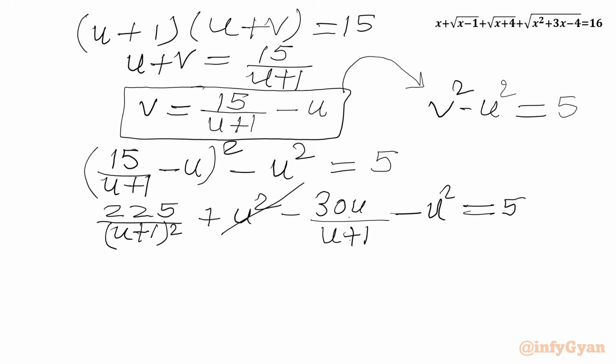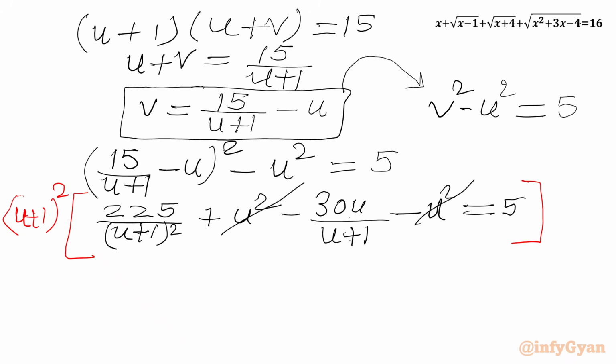Now plus u square minus u square will cancel. Now we have u plus 1 whole square in the denominator, so I will multiply the whole equation with u plus 1 whole square so that it will be denominator free.